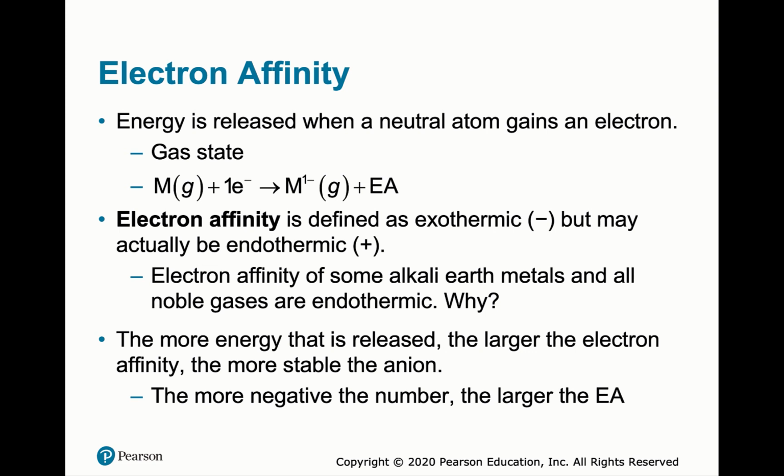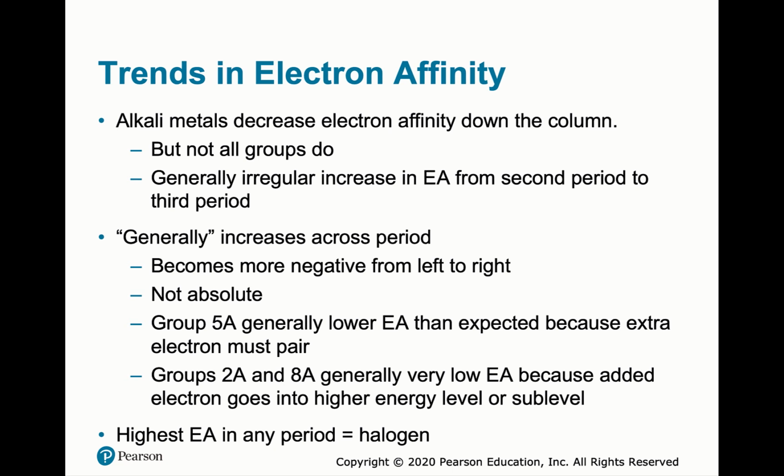Also, the greater the magnitude, the greater the electron affinity. And this is not a smooth trend, and it doesn't always work. So this partially tells us about the periodic table.